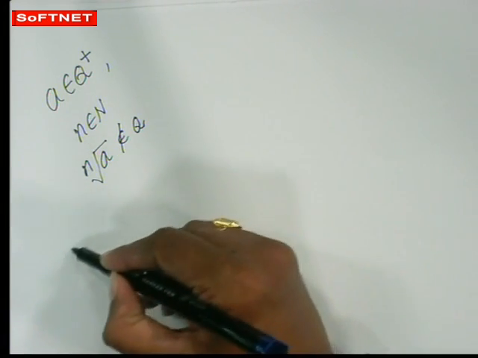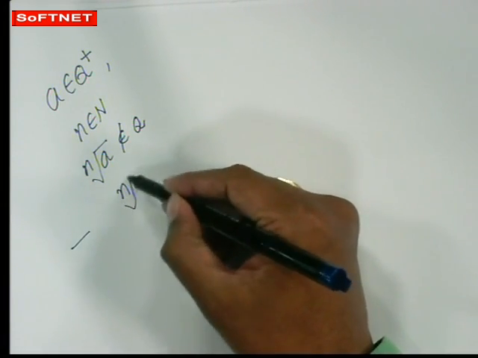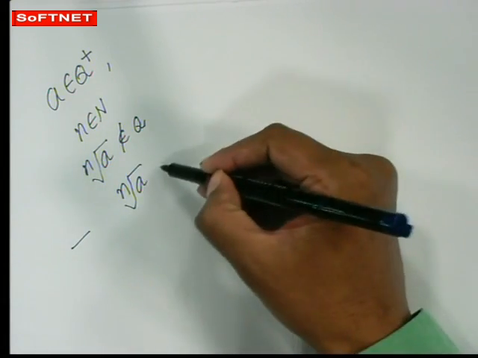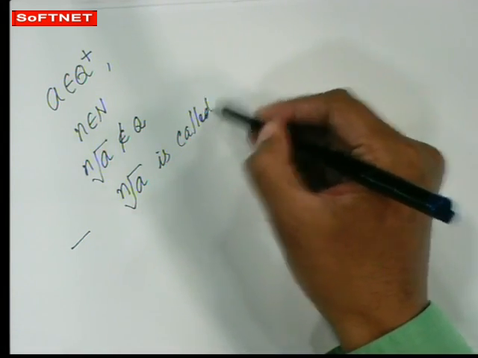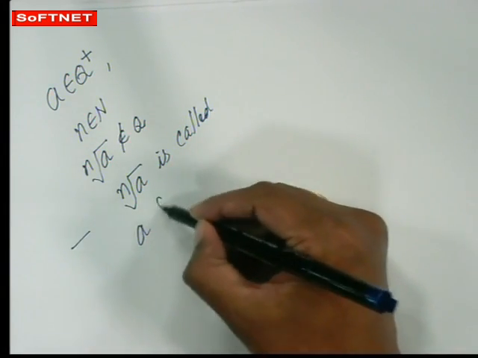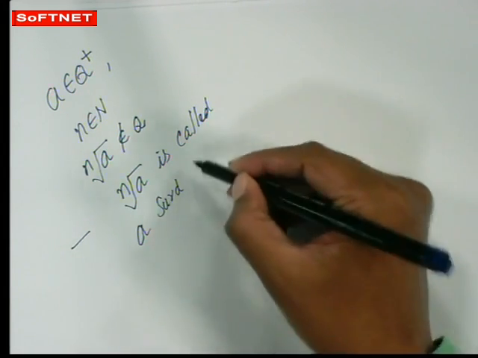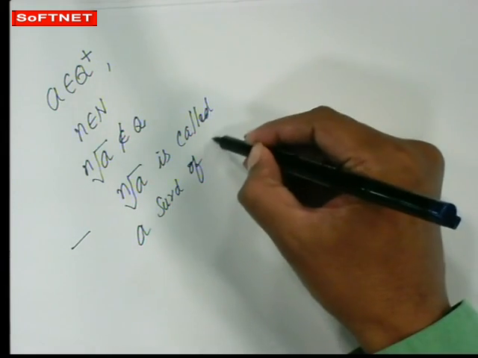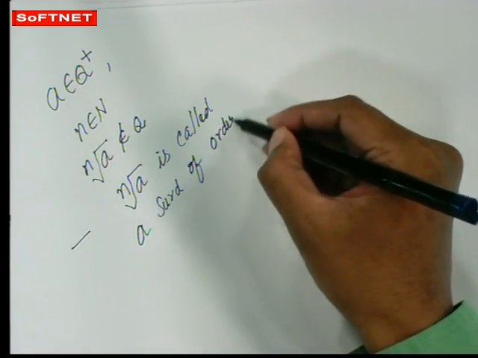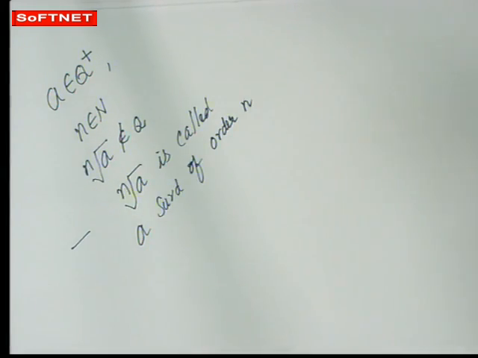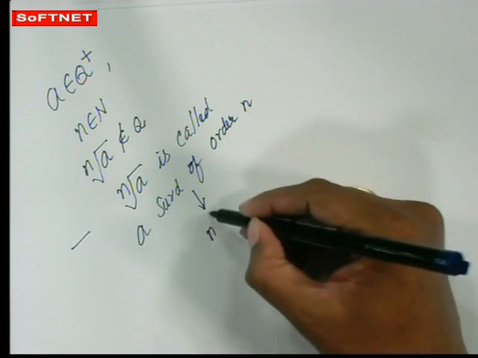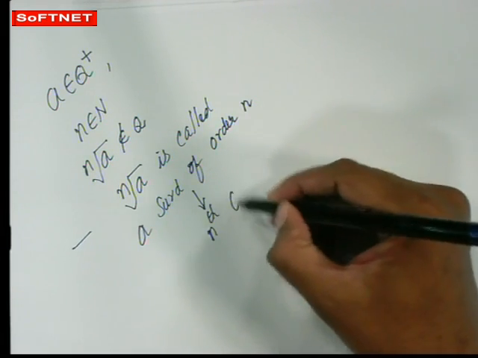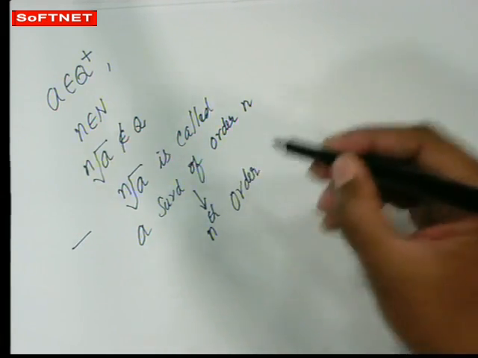Then this nth root A is called a surd of order n, or it may be called an nth order surd.